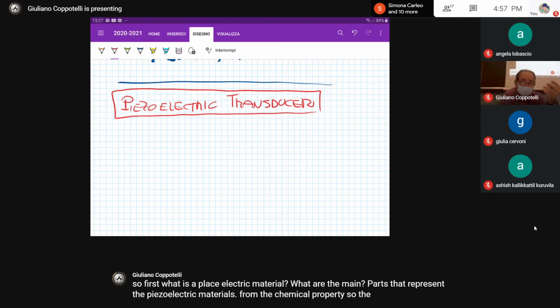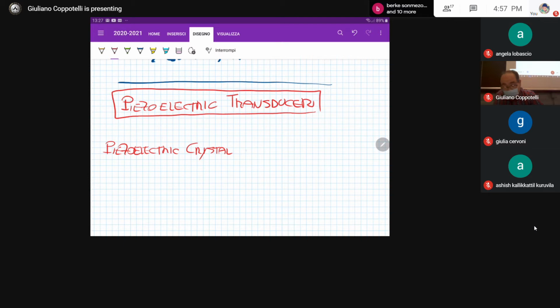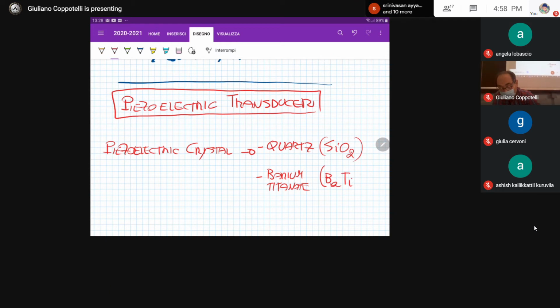The piezoelectric crystal is made mainly of quartz or barium titanate as main components.